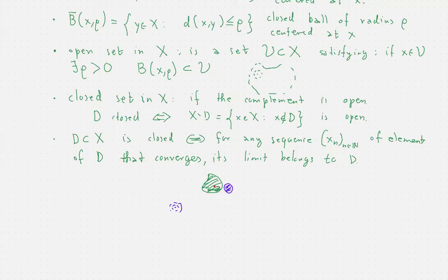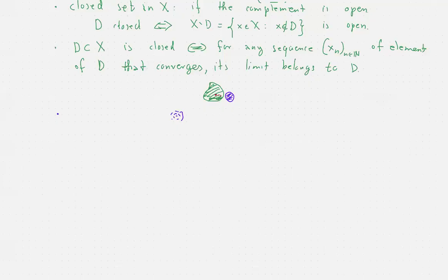Now it turns out that unions of open sets are open, no matter how many of them you take.